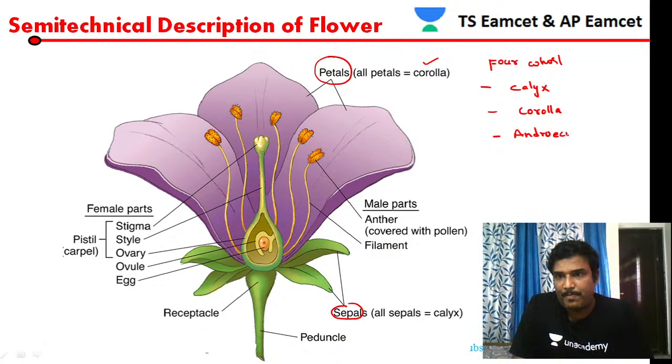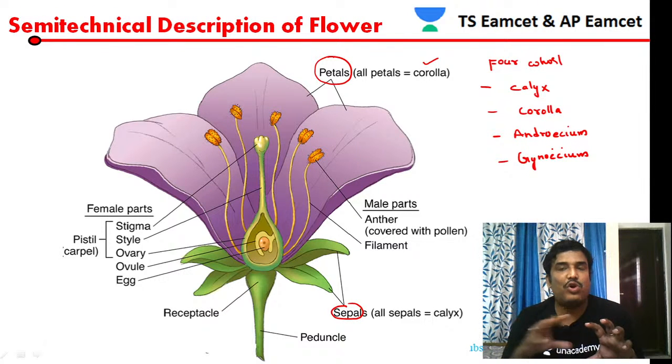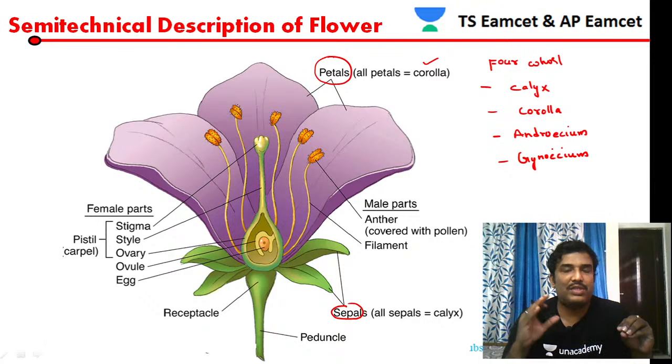The 4 whorls are calyx, corolla, androecium and gynoecium. These are the 4 whorls of a flower.